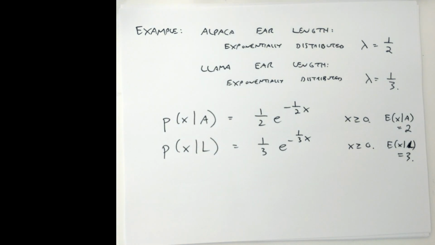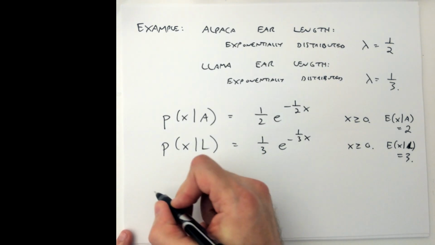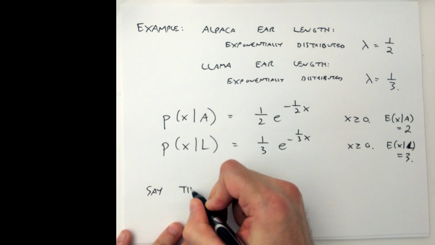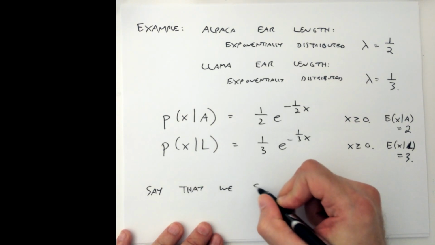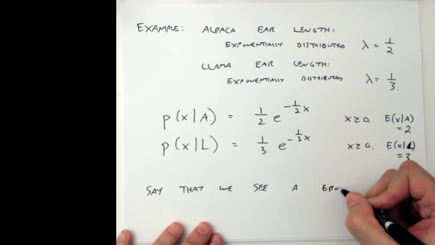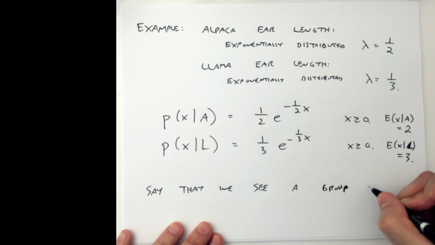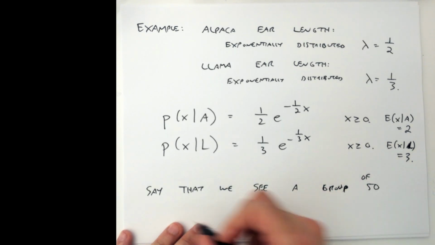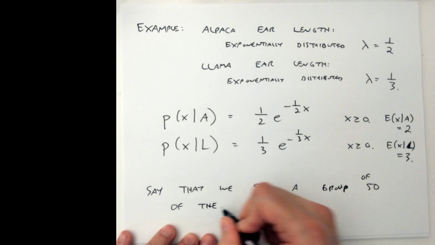Okay. So now let's suppose that I approach a pen of animals, and there are 50 animals in the pen. And I want to decide, okay, are these animals all alpacas or are they all llamas, okay? So let's say that we see a group of 50 of the same animal.